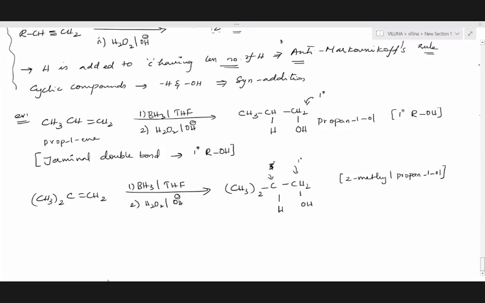How is the intermediate trialkylborane formed? I told you, right? It looks something like this: CH3 taken twice, CH, CH2, only one hydrogen, because we have two alkyl groups, right? So this entire thing taken twice. So this will be the intermediate.